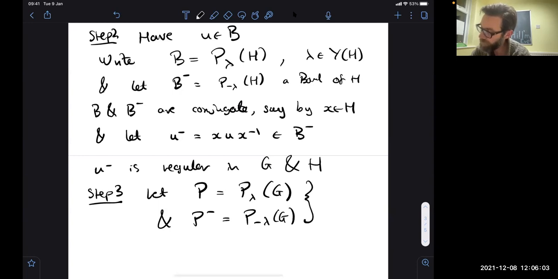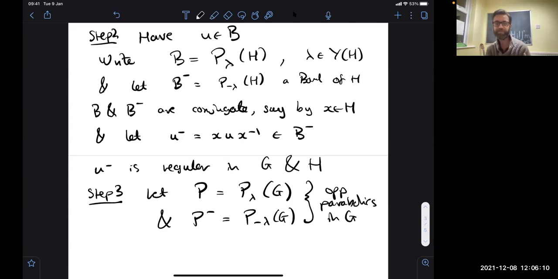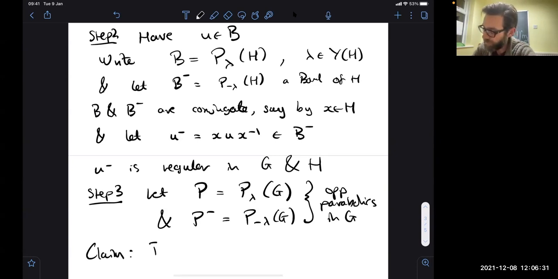So these are opposite parabolics in G. Now, okay, so I've got two parabolic subgroups of G now. I claim that, in fact, these are still Borel subgroups. So I just need to show that P is a Borel of G.